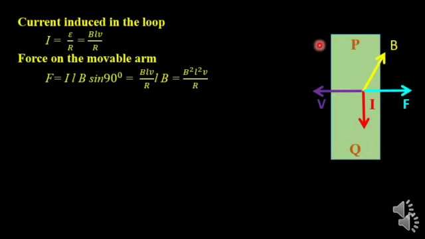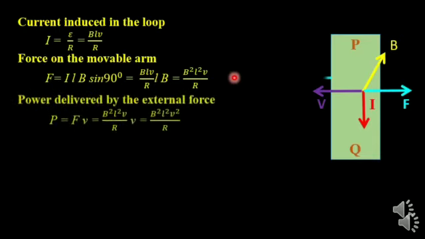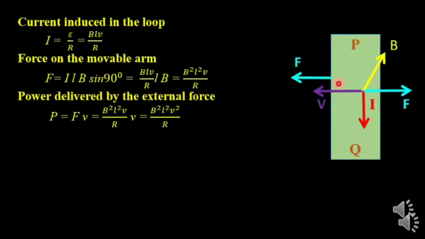After substituting the expression of current, F equals BLv divided by R into LB, or F equals B square L square v divided by R. If we need to maintain the uniform velocity on the arm PQ, we need to apply a constant force F in the direction of velocity.